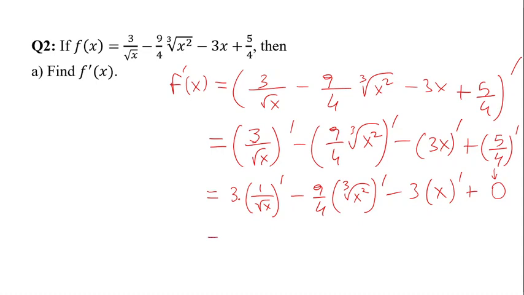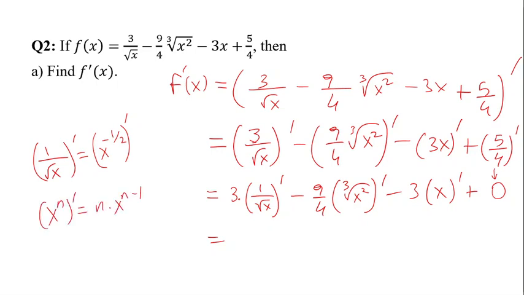Okay, I want to take the derivative of this now. So how can I take the derivative of this? It's better I write this one as a power of x. So if I write this one as a power of x, it will be x to the negative half. So let's use the rule here. The derivative of x to the n is n times x to the n minus 1.